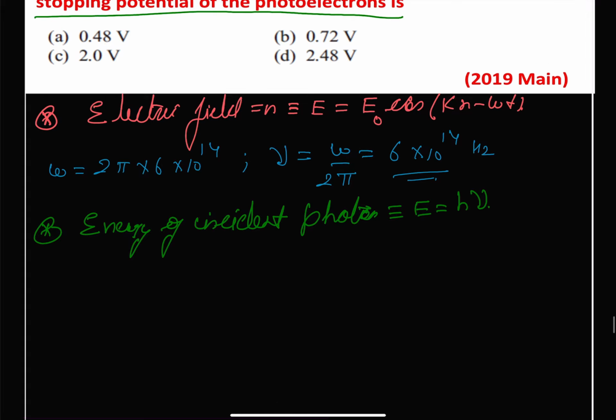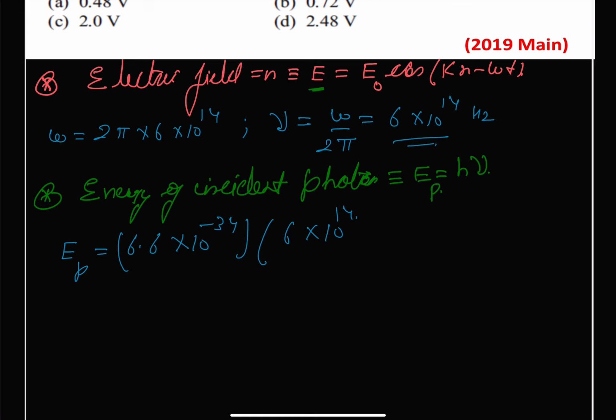Let me write this as E photon, E_P, because the electric field is also E. So we substitute the values of nu and h: 6.6 into 10 to the power minus 34, multiplied by 6 into 10 to the power 14, and we can convert this to electron volt by dividing by 1.6 into 10 to the power minus 19. So this will be approximately equal to 2.48 electron volt.